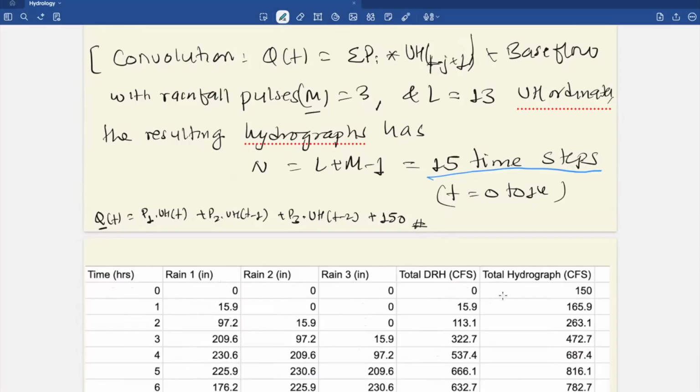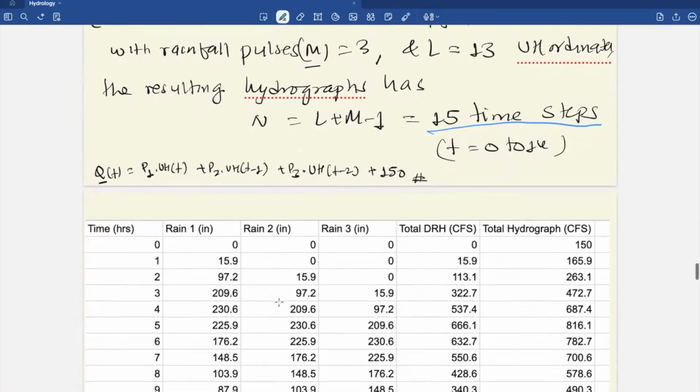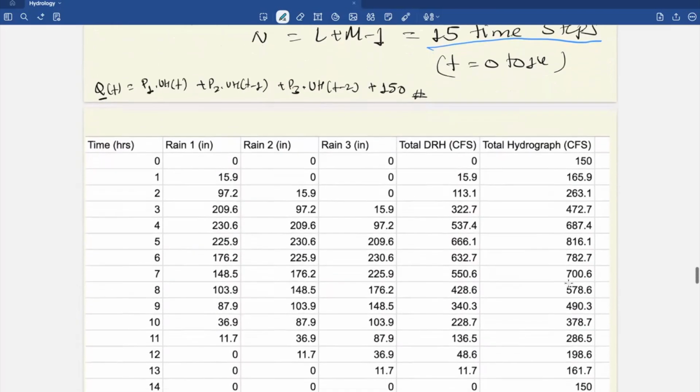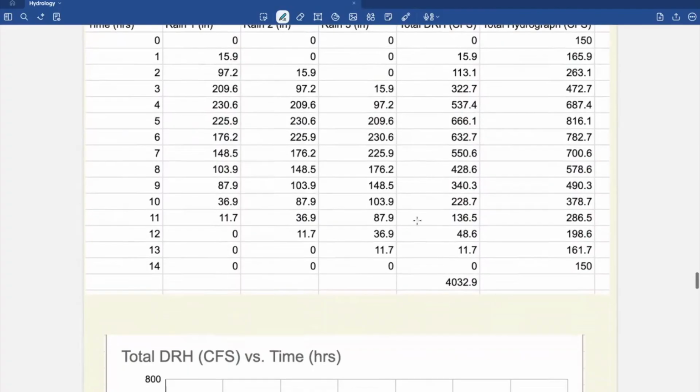But since we have 150 as baseline base flow, our total hydrograph will be 150. And similarly for time 1, it will be 15.9 plus 150, so it's 165.9. Similarly, we add all these things and we'll be getting total hydrograph as 263, and same thing for all of them.